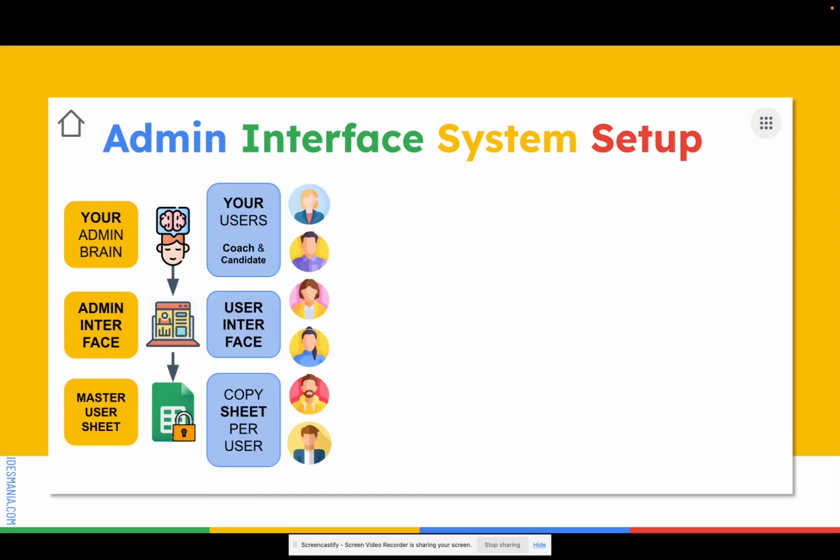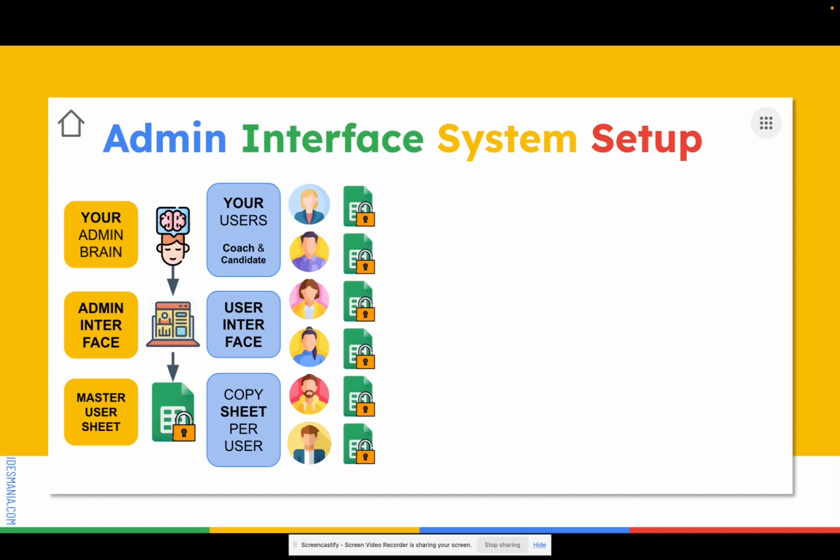Now, you have your users, either candidates or coaches, and each of them will need a copy of your master sheet. Once you create a copy for each of them, you'll see that little lock icon, which means you've locked or protected the sheet so that they're only able to interface with the cells or sections of the sheet that you want them to. The rest is protected and maintained for format and organization.